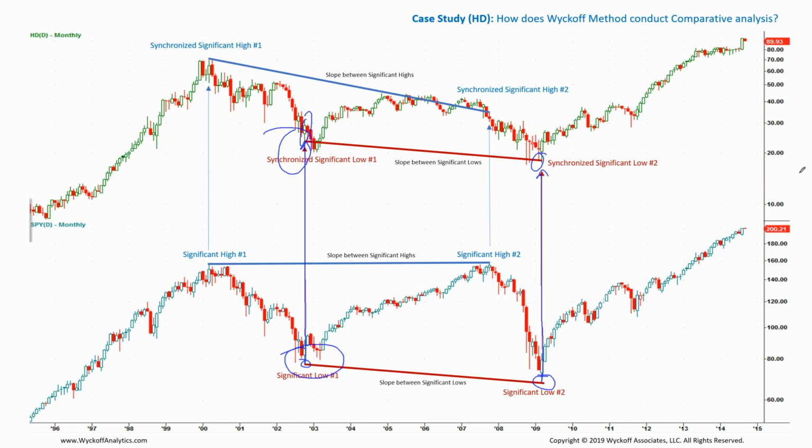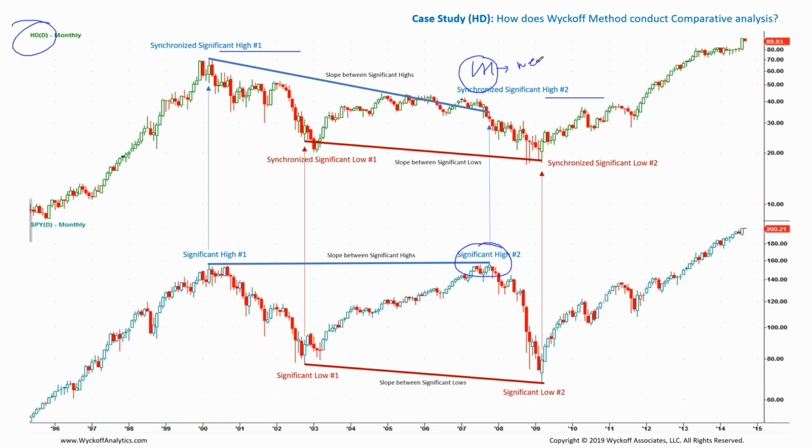And it's very clear to me that in the case of significant highs, where we have a lower high for Home Depot and we have kind of a flat high for the market, this lower high suggests that the stock is weaker at this point. Please note that even though it's weaker, we don't know exactly what would be the behavior of institutions at the next low.